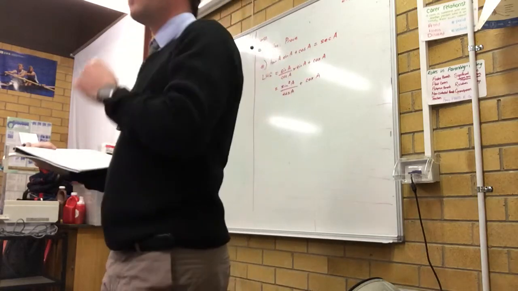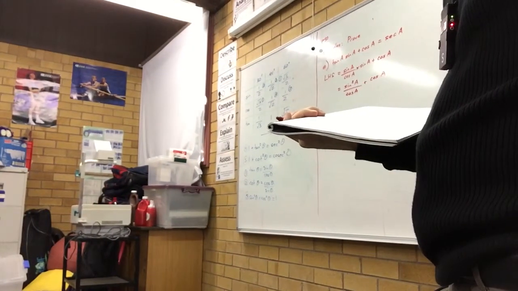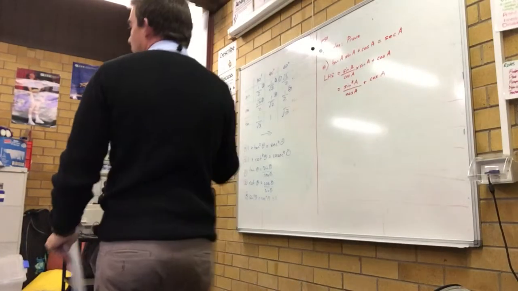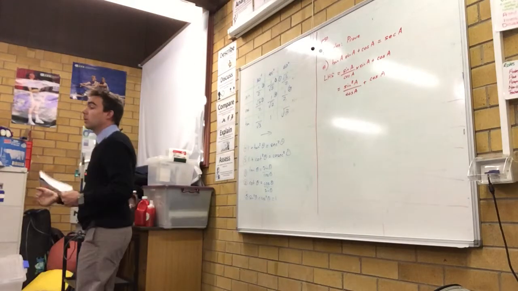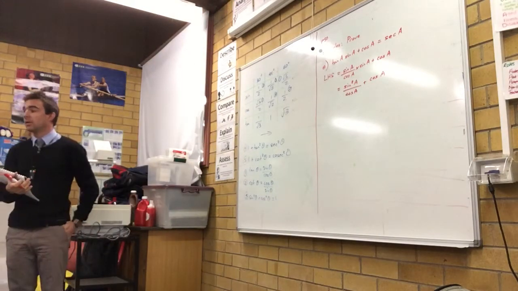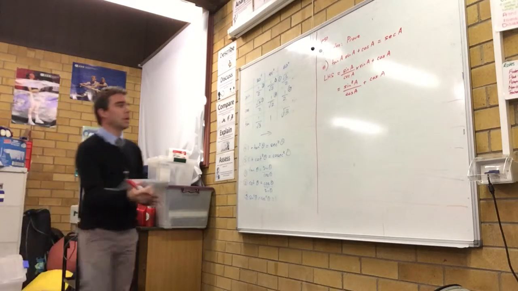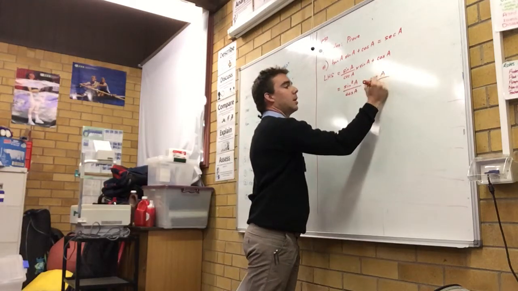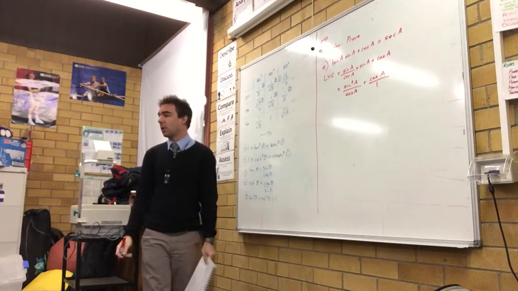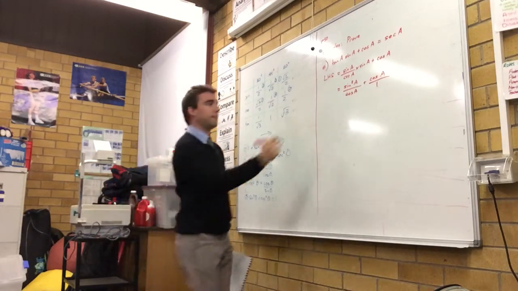Whenever you have a fraction, particularly when you don't have the same denominator, the first thing you would do is put them over the same denominator. This has a denominator of 1 by default.